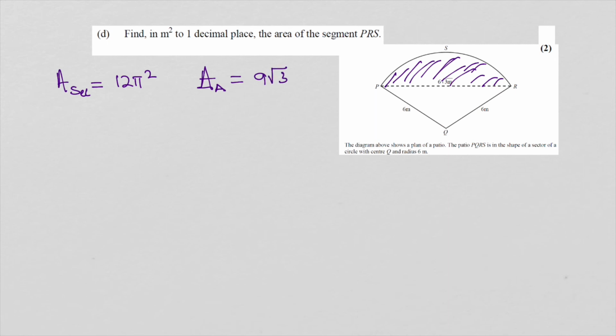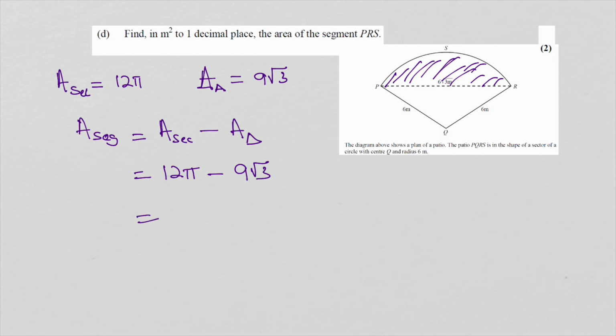To find the area of the segment, we take away the triangle from the sector. So area of segment equals area of sector minus area of triangle, and that would be 12 pi minus 9 root 3.